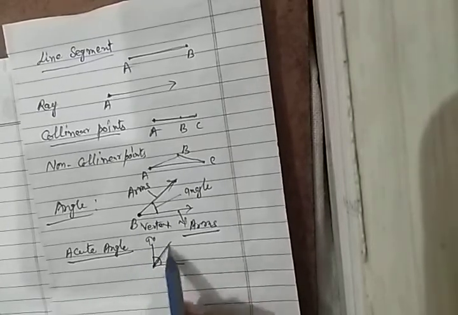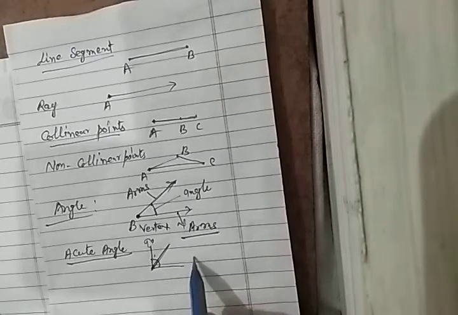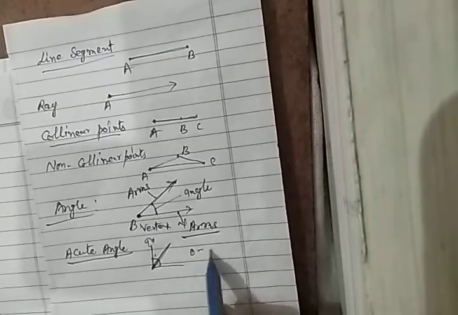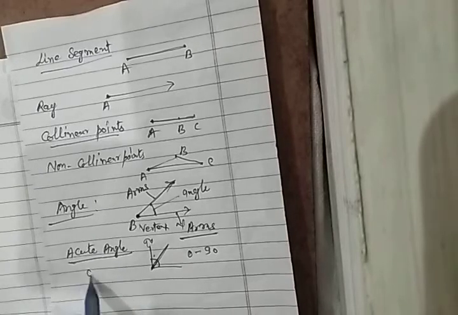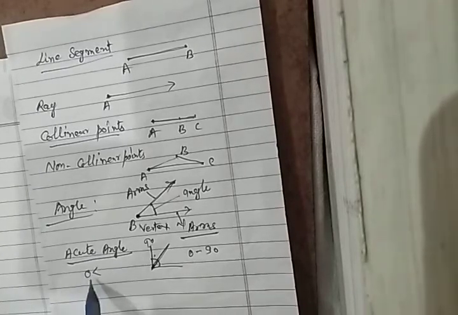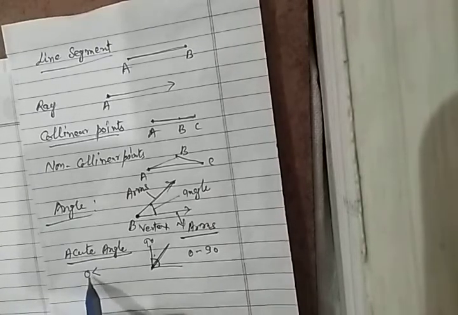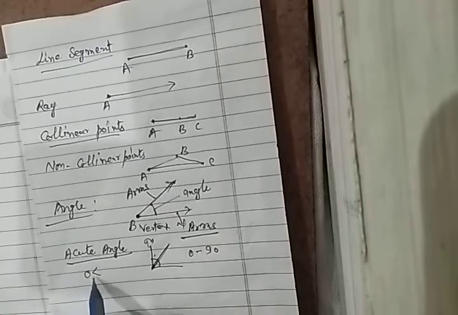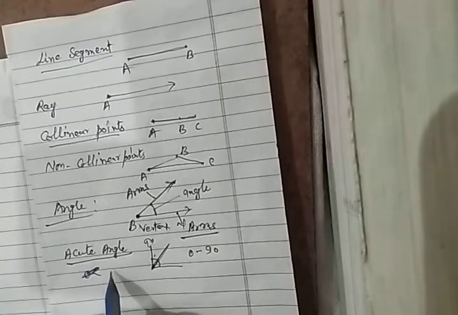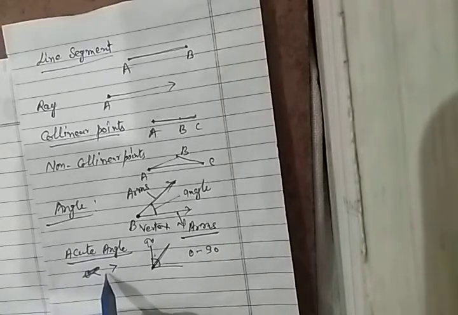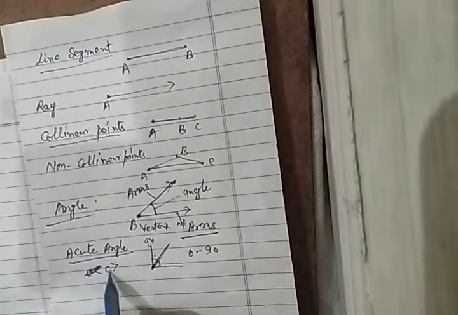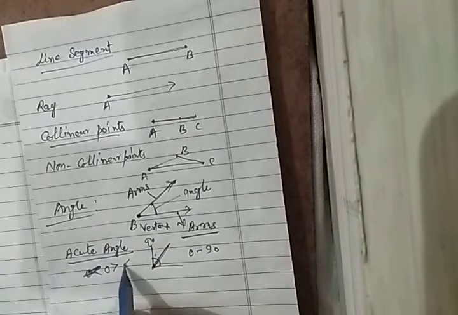So the angle between 0 and 90 degree, greater than 0 and less than 90 degree.